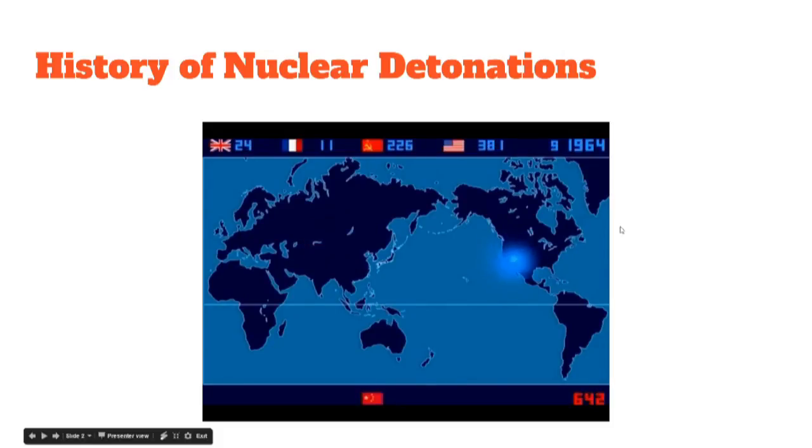Here's China in 1964. I just imagine the amount of money that would go into refining the uranium, the actual technology, the amount of people that it would take to build a bomb. Like, I can't even fathom how much money was spent on detonating all these bombs.